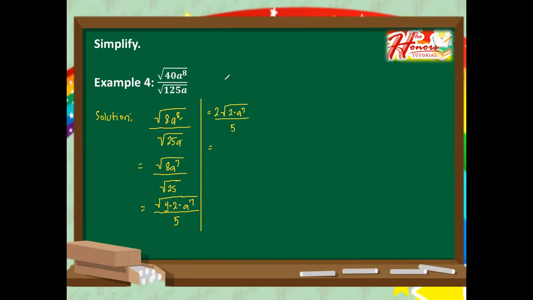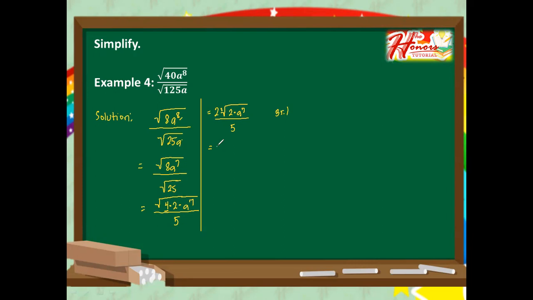And then we are not yet done with the numerator because we can still simplify a raised to 7 because we can divide it by 2 here, our index. Though it is not written there, but it is there. It is just invisible because it is 2. 7 divided by 2 is 3. So that is 3 remainder 1.